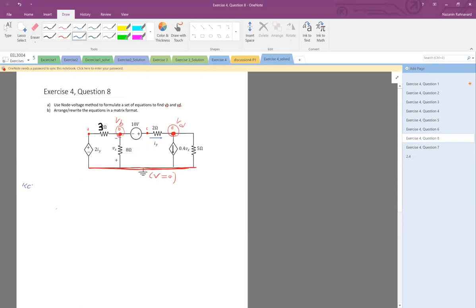So KCL at VB. There are three branches. One of them is VB minus the voltage here, divided by 3. But what's the voltage here? We have a voltage source here, 2IY, so that voltage is 2 times IY.